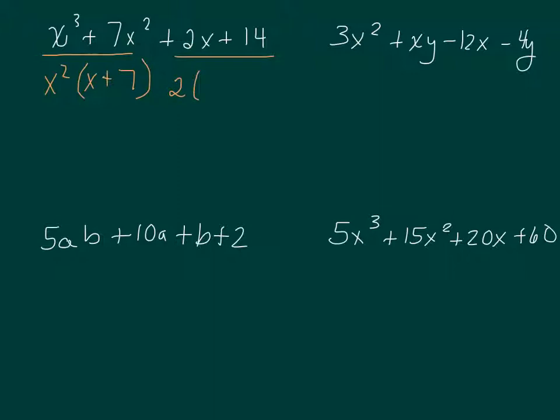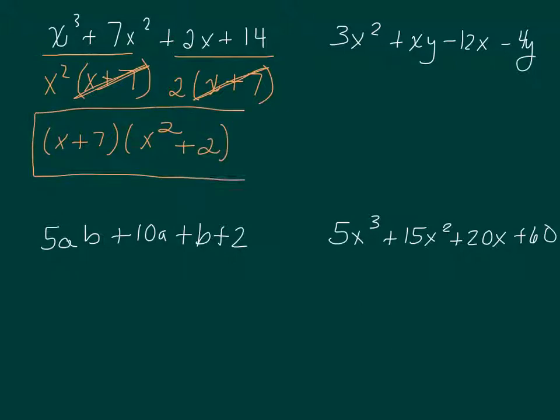So I'm going to have an x plus 7 left over. That's what I want. X plus 7 is the same. So I'm going to factor it out. Right, what's left? I have an x squared. This is a positive 2, so an x squared plus 2. That's the full factored form.